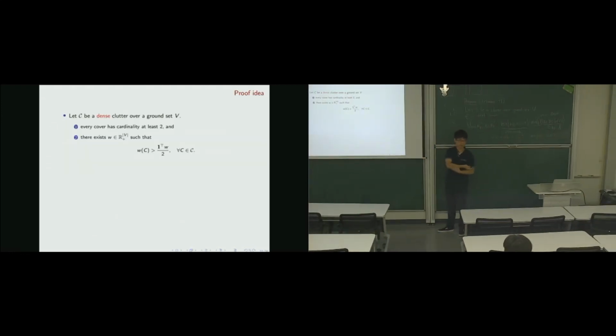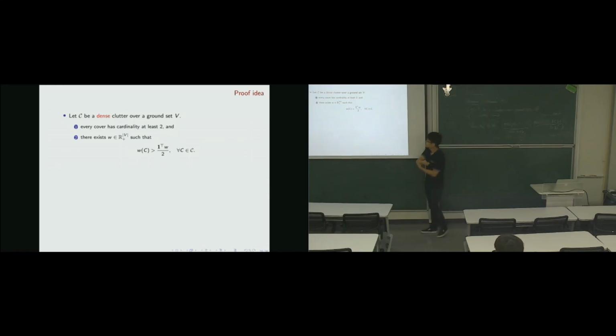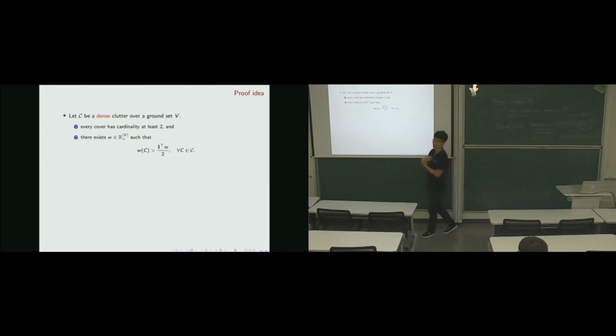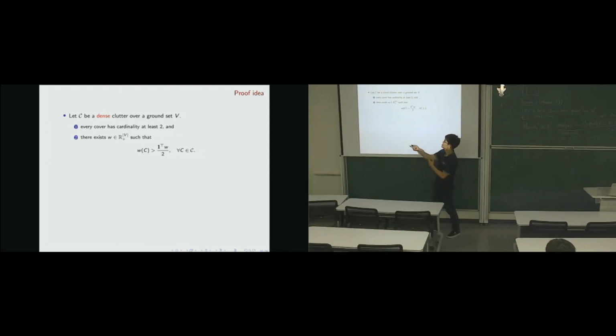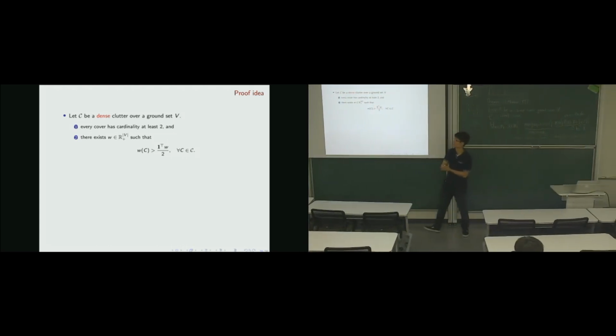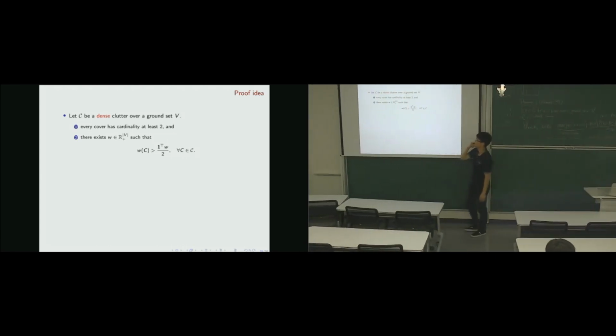So remember that a clutter is dense if every cover has cardinality at least 2, and there exists a way to certify that. If you move to the blocker, then every member of the blocker has cardinality at least 2, and this weight condition is satisfied.